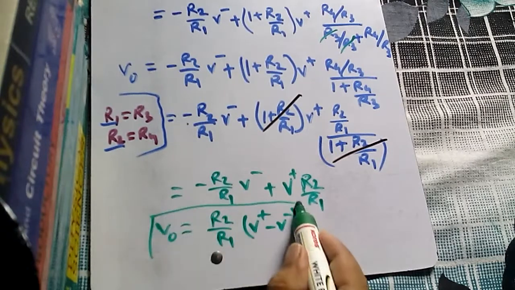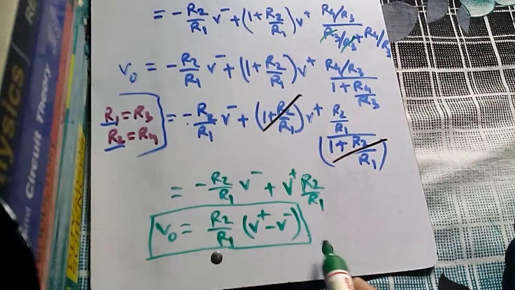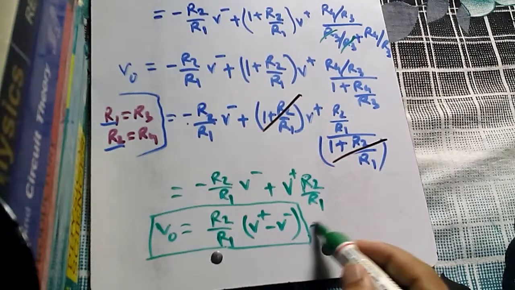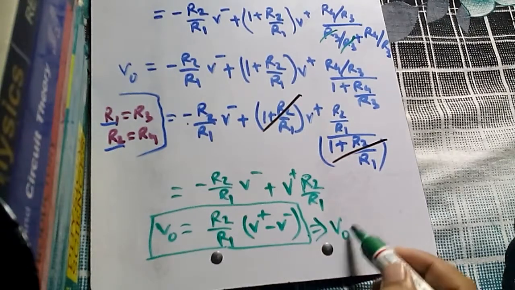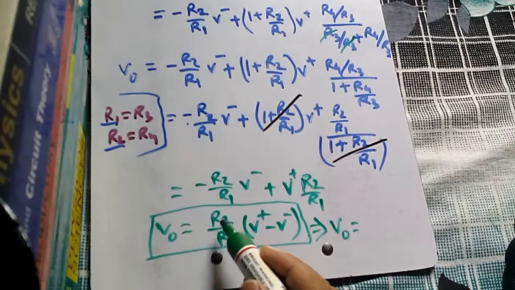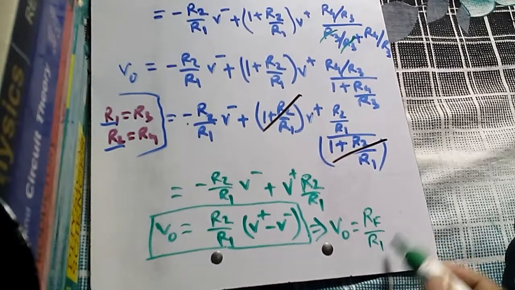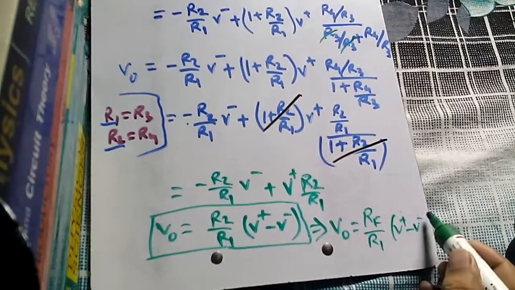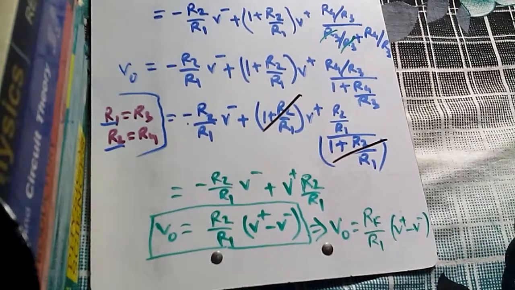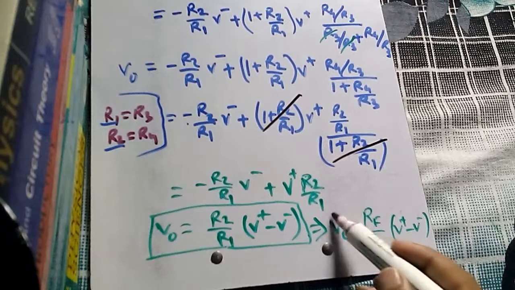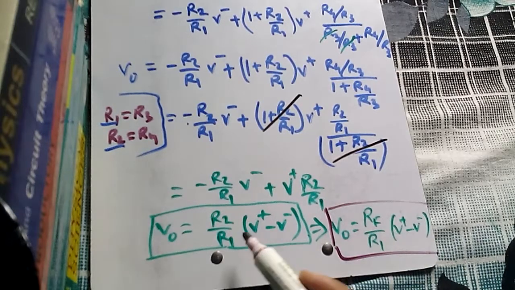This is the output voltage. So we have derived it. Now you can also show the output: since R2 is again the feedback resistance, we can write RF by R1 into V plus minus V minus. So this is another way we can show the output formula, but we have derived it.